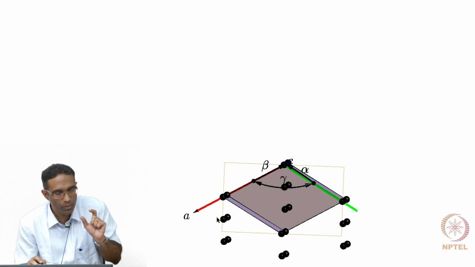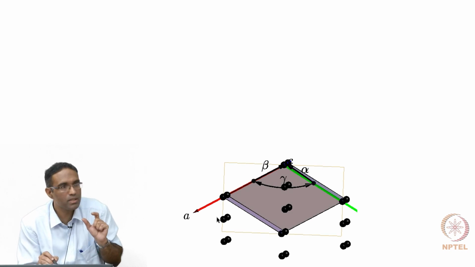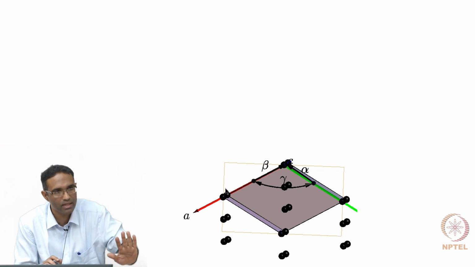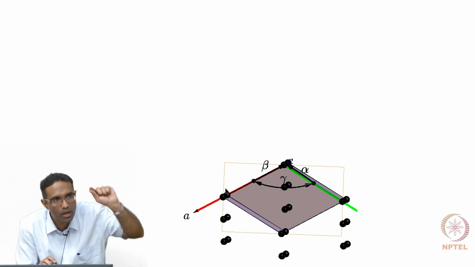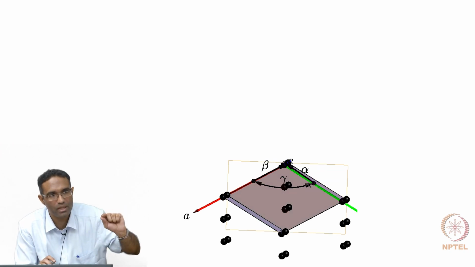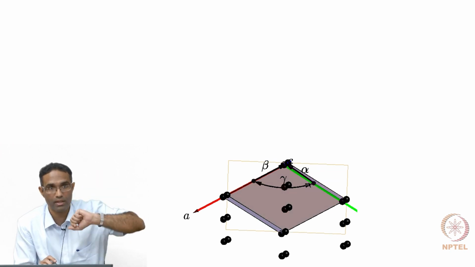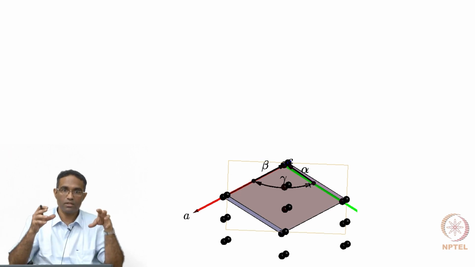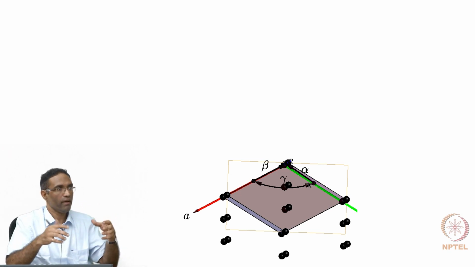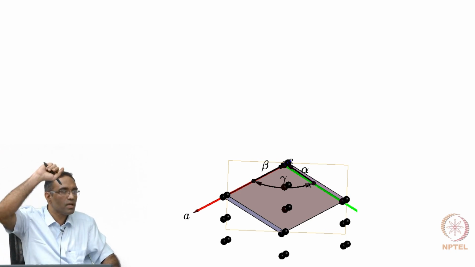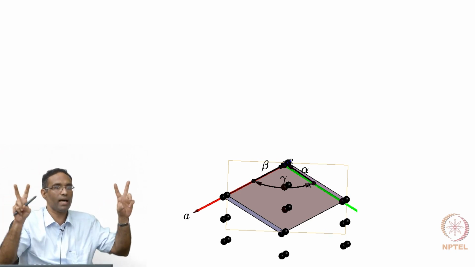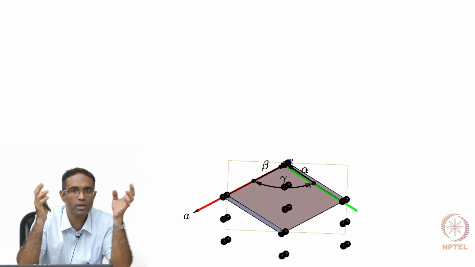Consequently, this unit cell that you are seeing is basically like the hexagonal unit cell with an included angle of 120 degrees, except that there are two additional atoms present at heights 1/3 and 2/3. So you can construct the rhombohedral structure with the hexagonal unit cell by adding these additional 1/3 and 2/3 atoms as the basis.